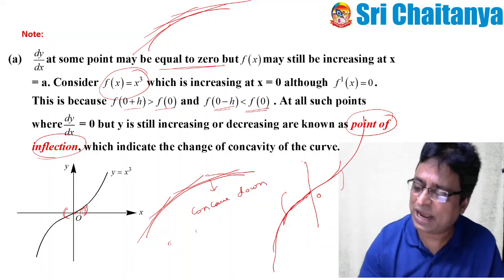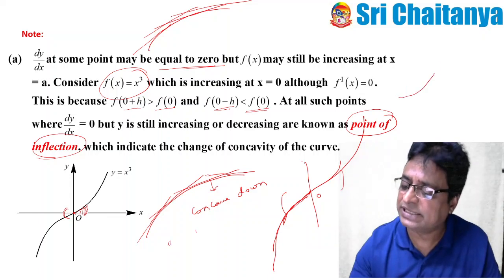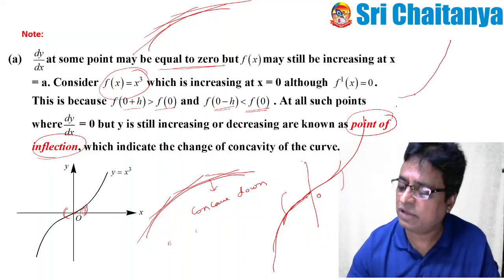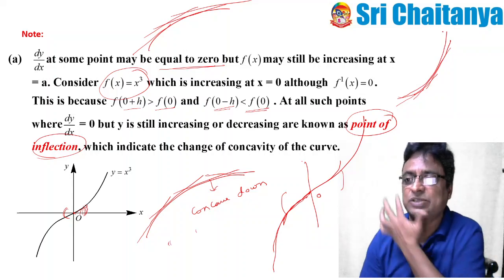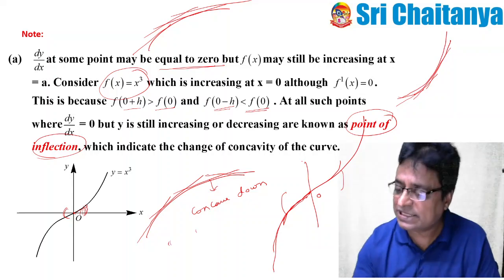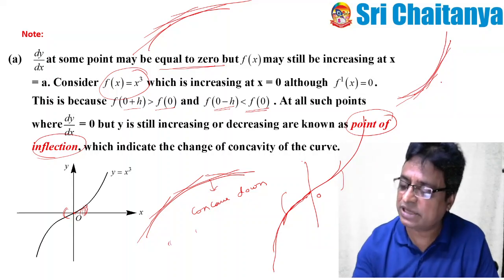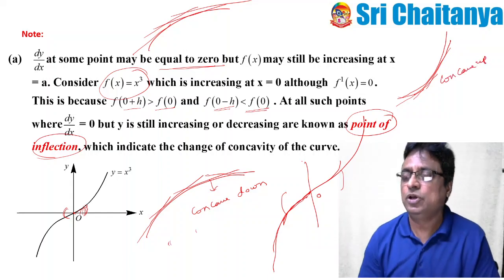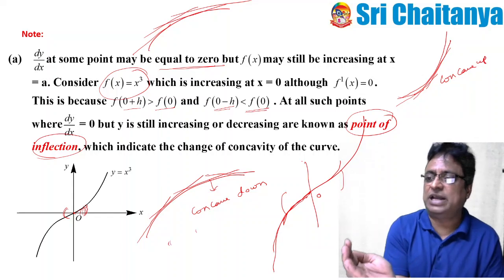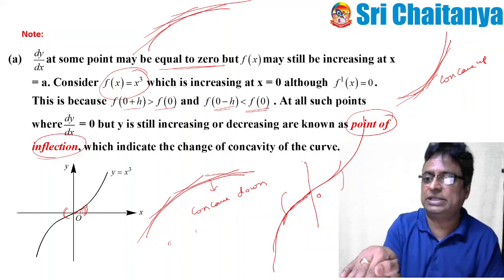Or sometimes, suppose I have considered this as my curve. Here if I have drawn the tangents at each and every point on the curve, what happens? Always your curve lies above the tangents. In this case, I can say that the curve is concave up. So for concave up, the curve is like this. For concave down, the curve is like this.